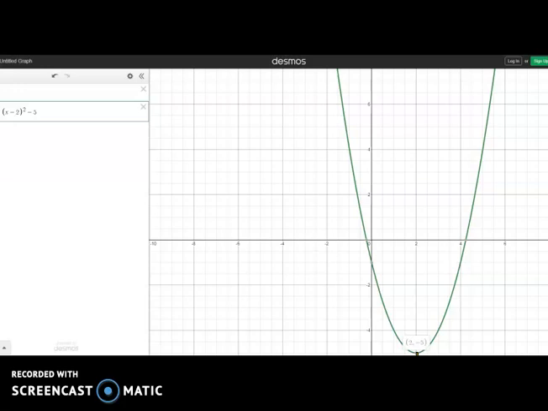Completing the square allows us to take any quadratic and bring it back into the form a open bracket x plus h all to the squared plus k. In this case, our a is 1, our h is minus 2, and our k is minus 5. So completing the square allows us to transform the quadratic back into this form.